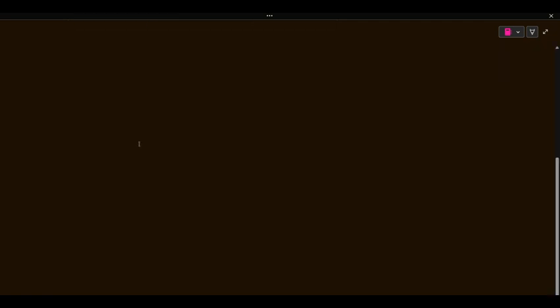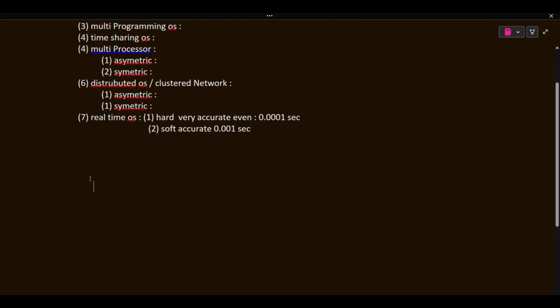Now we are going to discuss the multi-programming operating system. As I told you, our whole discussion will be on multi-programming OS throughout the entire course of the operating system because it is very important.